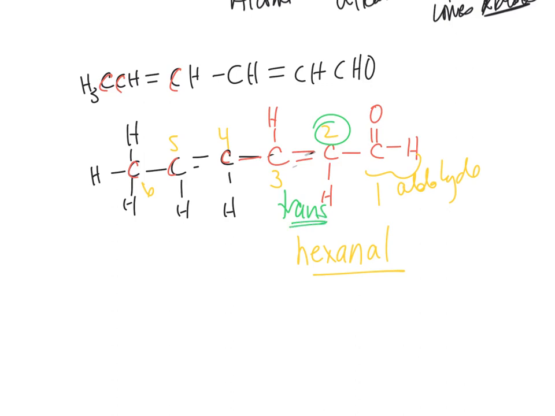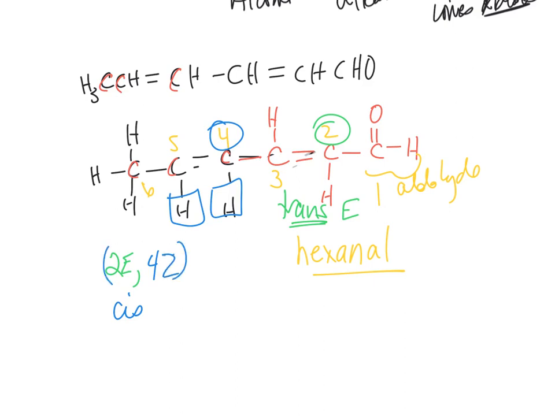When you do your naming, that's E. So that would be 2E. And then if you come here, 3, 4, you have 4, and you see the hydrogens on both sides. So this is 4 cis, and cis is Z. Put those in parentheses. And then you would have to change the name here: 2, 4, hexadienal.